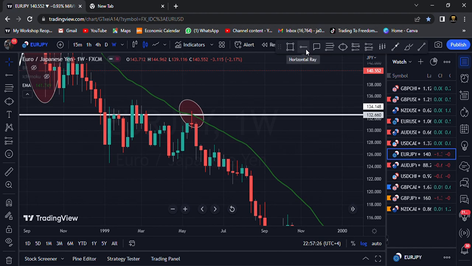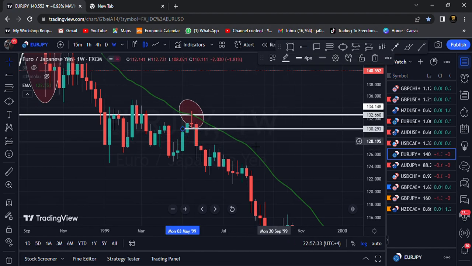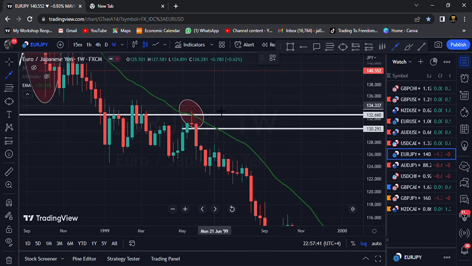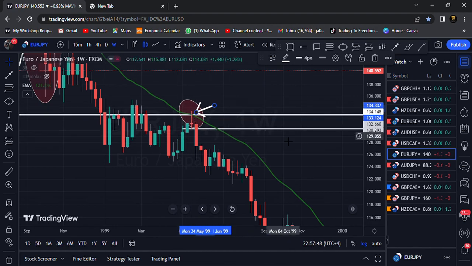You just put your sell stop, knowing if it happens that price reaches and breaks this level, it will go down. It happens all the time. Yeah, it will go down. Rather than trying to enter here, you don't try to enter here, because unless this candle closes, you don't understand.